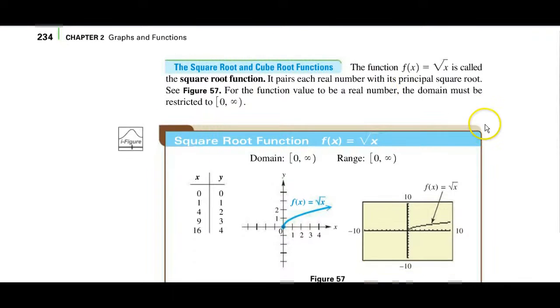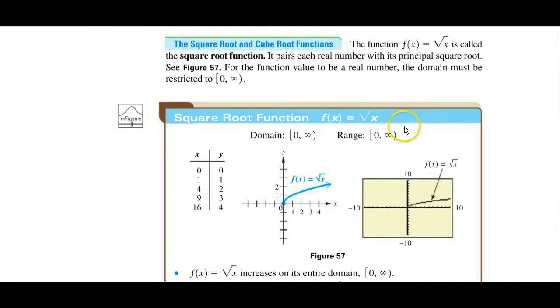Now, another one that's very famous is the square root and cube root function, where here we have the function of x is equal to the square root of x.